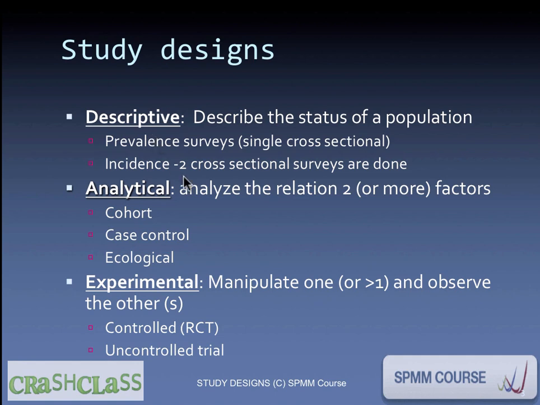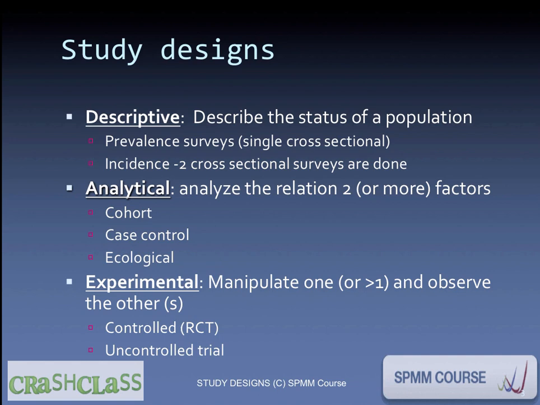You can also find incidence by using a cross-sectional study, but you have to do the cross-sectional study two times in the same population with a reasonable time period in between. For example, if I want to find out how many people have myopia in a town, I have to study the number of myopics in the town today in 2017, and then I have to study the same sample of people in the same town at another point of time, that is after 1 year.